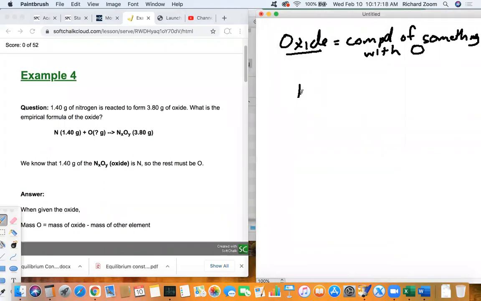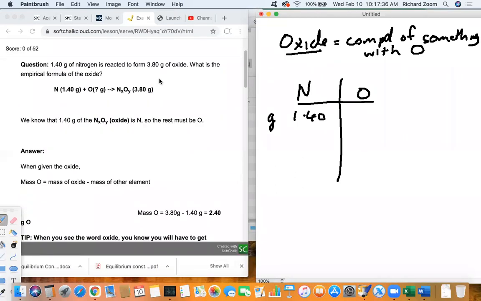So when I'm doing the table here, the nitrogen mass is given, 1.40 grams, but the oxygen mass is going to be the difference. It's going to be 3.80 minus 1.40 grams, which comes out to be 2.40 grams of oxygen. Okay. So it's not 3.80. Does anybody have any questions?